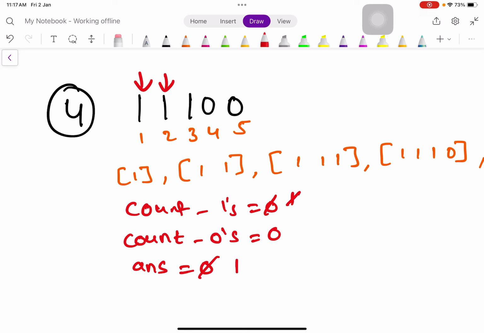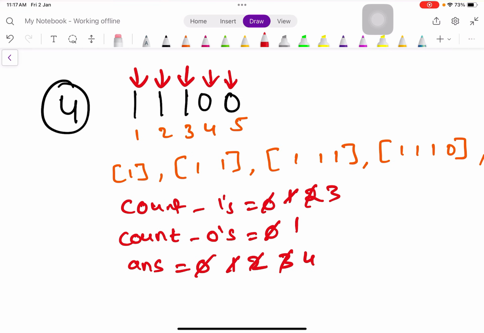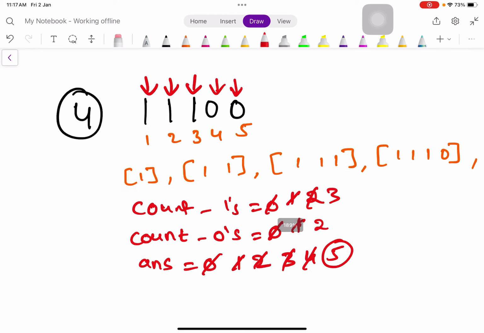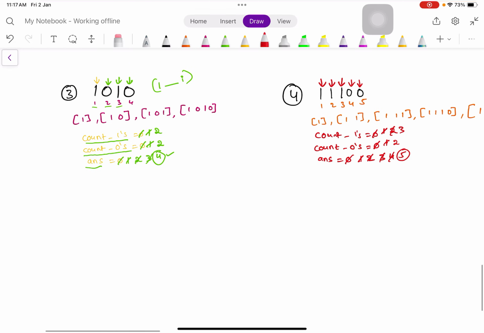Next 1 comes, increment, 2 is greater than or equal to 0, the answer is 2. Next also 1 comes, this will become 3, the answer will become 3 because 3 is greater than or equal to 0. Next 0 comes, this will become 1, 3 is greater than or equal to 1, yes, the answer becomes 4. At the 5th index, 0 will come, the count of zeros becomes 2, 3 is greater than or equal to 2, yes, the answer will become 5. So this is how you can approach this.